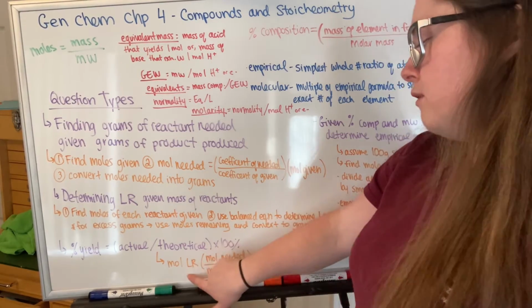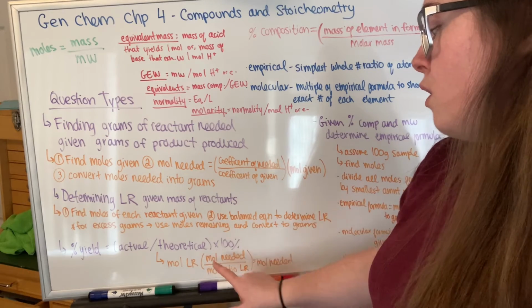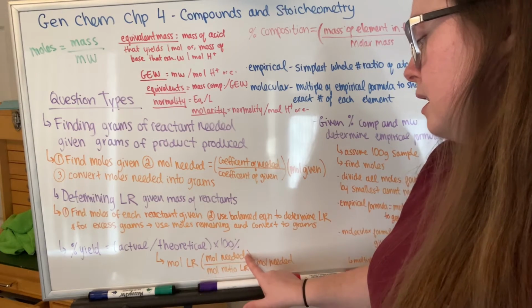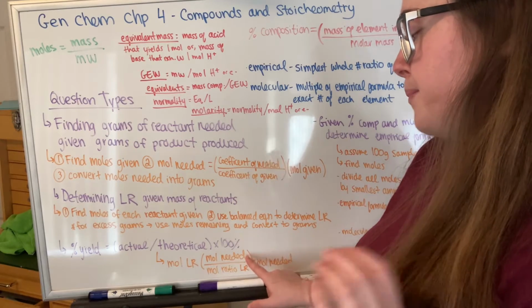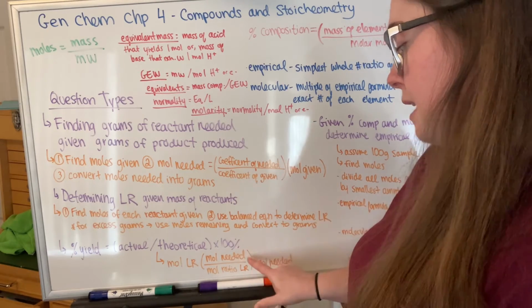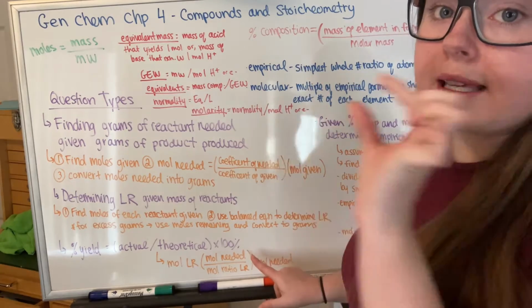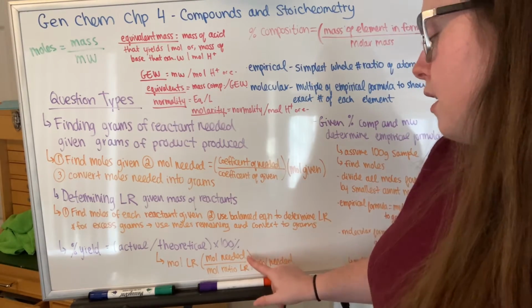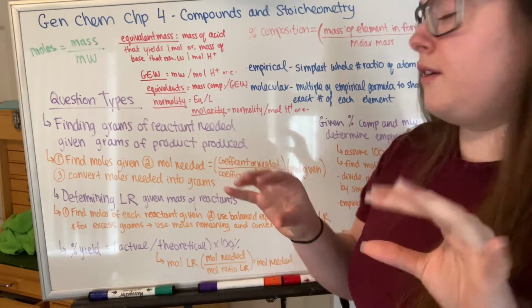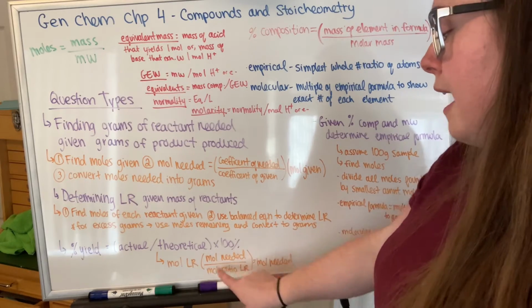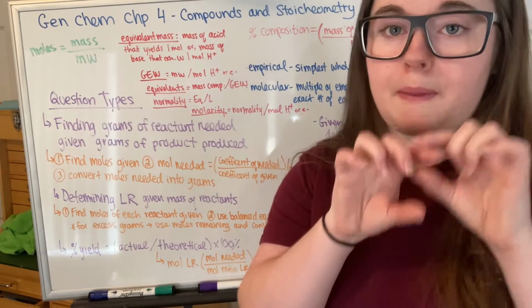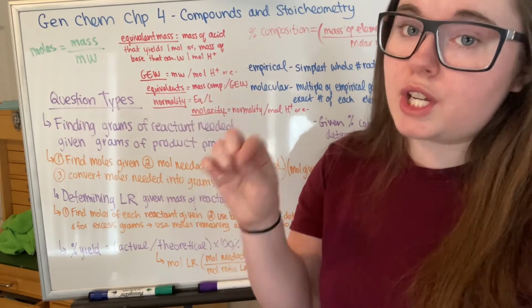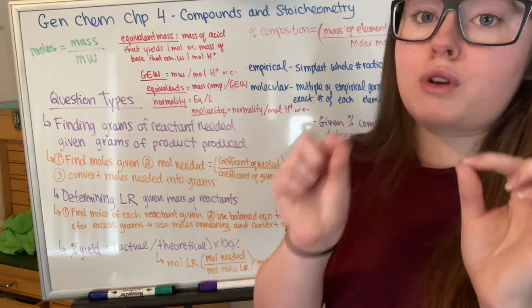The moles of the limiting reagent times the moles of what you need based on the balanced chemical reaction, divided by the mole ratio of the limiting reagent. Again, we're looking at the balanced chemical equation and at those coefficients.